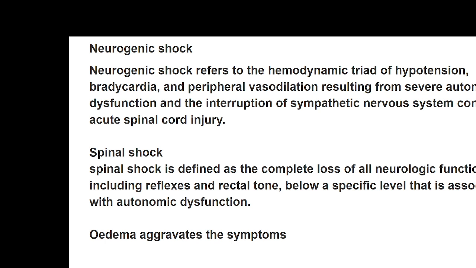Neurogenic shock due to spinal injury refers to an acute condition of hypotension, bradycardia, and peripheral vasodilation, which occurs due to autonomic dysfunction. Autonomic dysfunction, particularly sympathetic nervous system dysfunction, after an injury is quite common, and it's just a response to the injury, which may be either temporary, transient for a few hours, or for a longer duration.